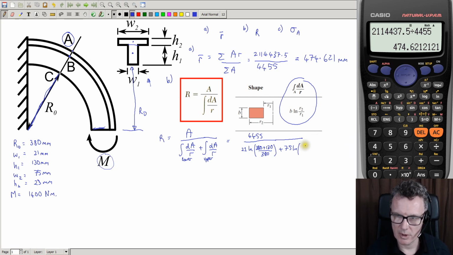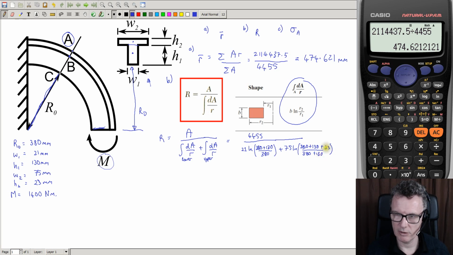Okay, so the A point will be 380, I'm going to let my calculator do the work, plus 130 plus 23. And the lower R, where B is, will be 380 plus 130.